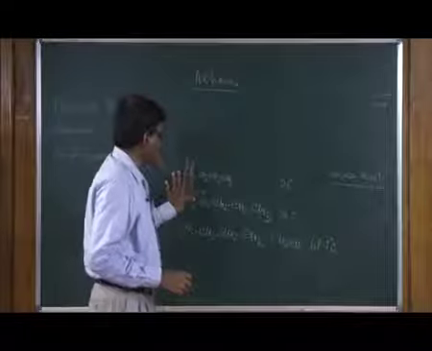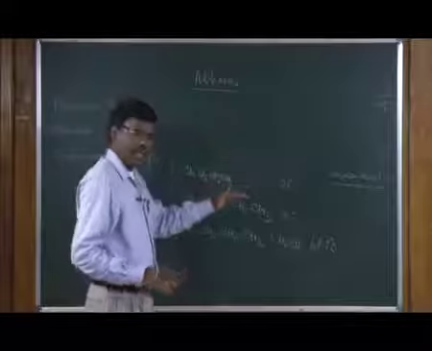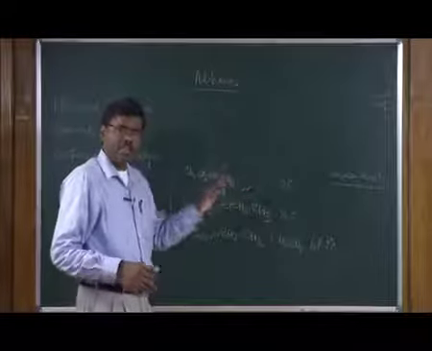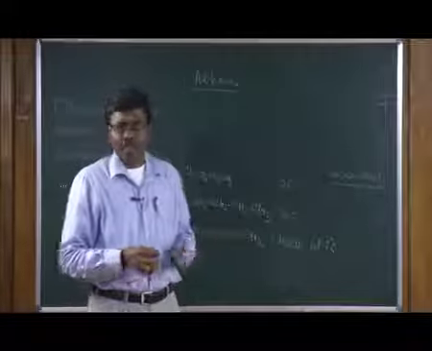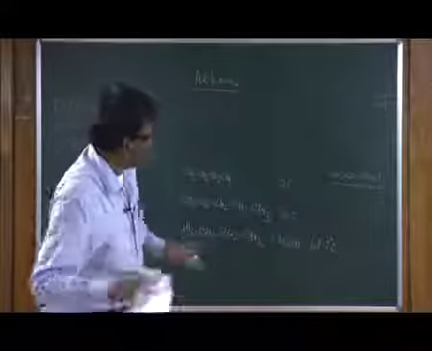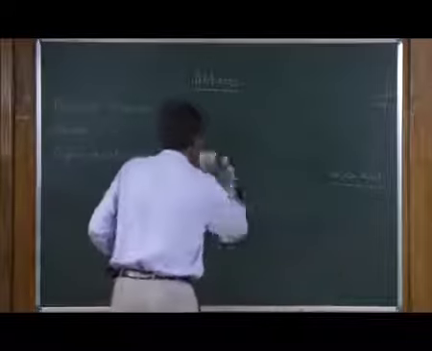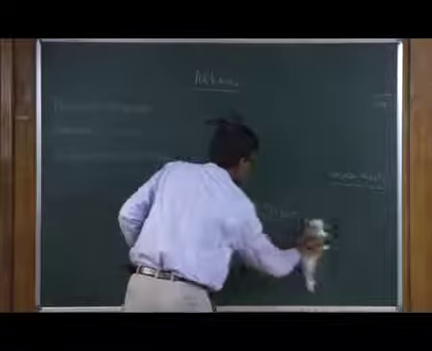Now, if you have linear alkanes and increase the molecular weight, the boiling point increases. Now, let us compare the boiling points between isomers. Let us take pentane.